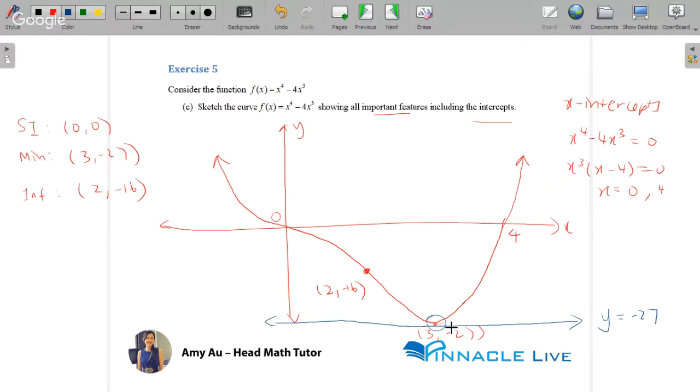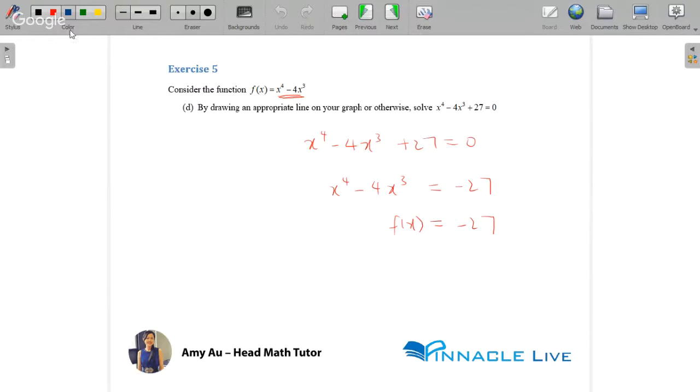And that's your answer. So going back to answering the question, we can see from observing the graph, x equals 3, because that's when y equals minus 27.